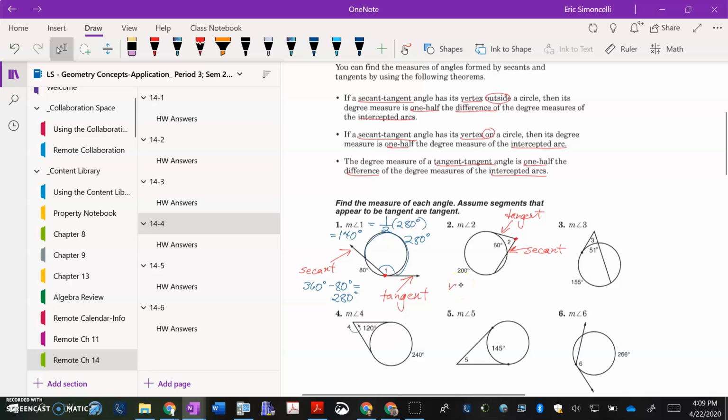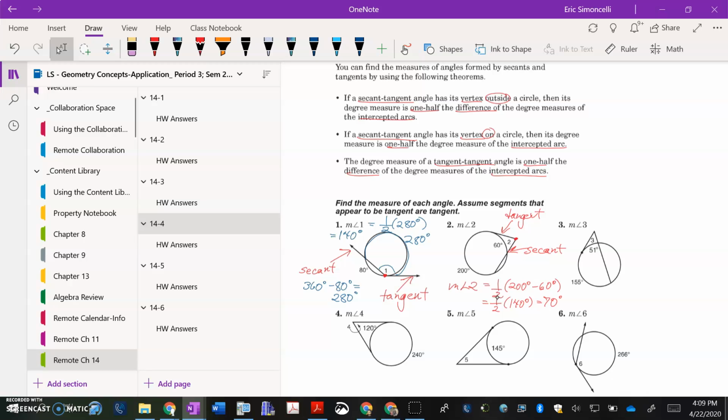So for our purposes, I'll rewrite this down below. The measure of angle 2 will be equal to 1/2 the difference of 200 degrees and 60 degrees, those two respective arcs. So 200 minus 60, of course, that's 140. Take half of 140, simply we end up with 70 degrees.